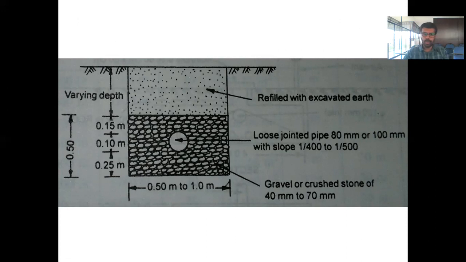Now you can see below this pipe, 0.25 meter or 25 centimeter is filled with gravel or crushed stones. And above this pipe you can see 15 centimeter is covered with the same gravel or crushed stones.